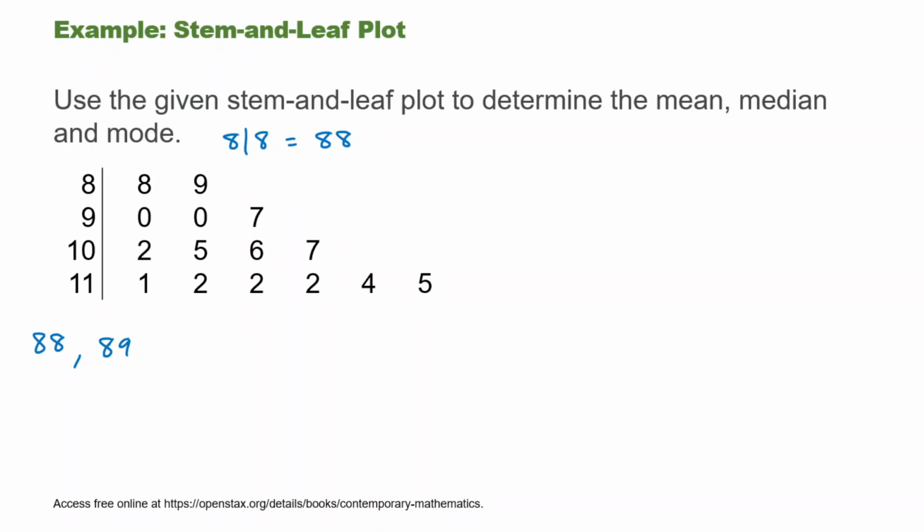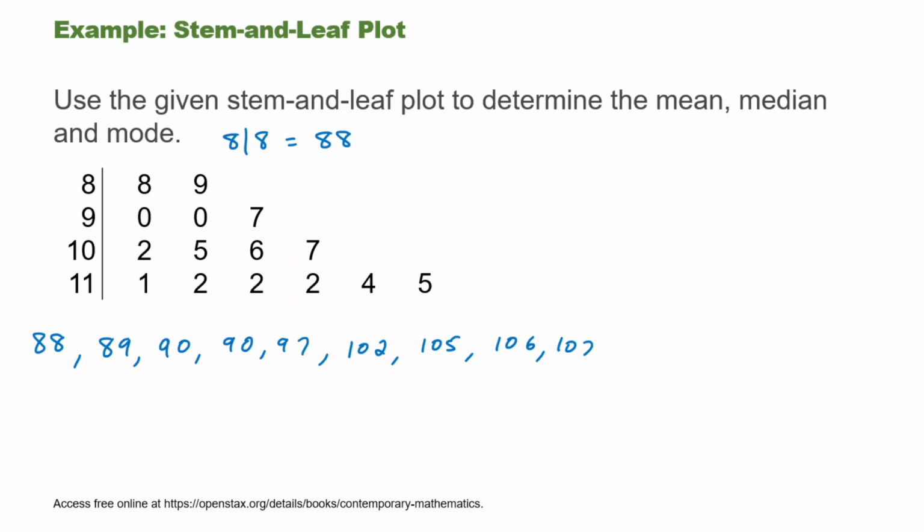For the next row, we have 9 vertical bar 0, 0, 7. So I'm going to interpret this as 90, 90, and 97. On the next stem of 10, we have the values 2, 5, 6, and 7. So we'll interpret this as 102, 105, 106, and 107.